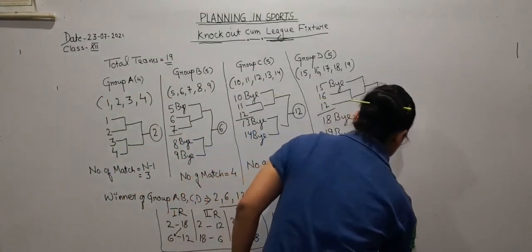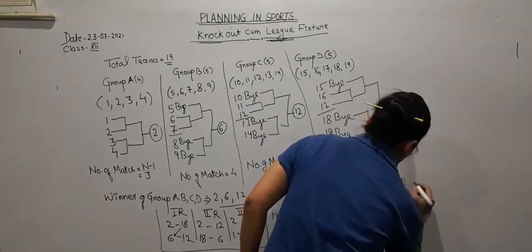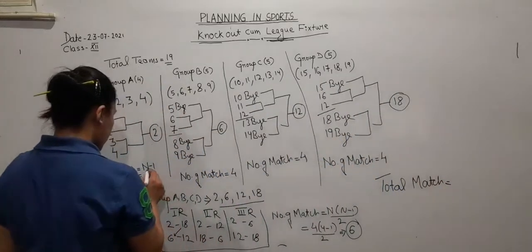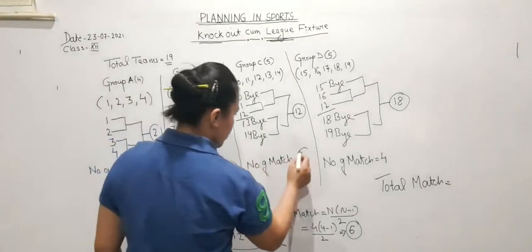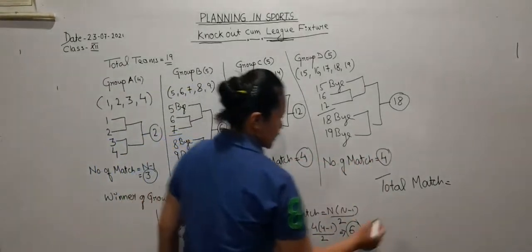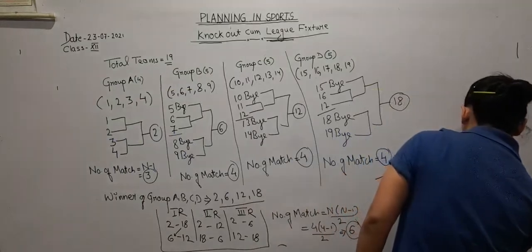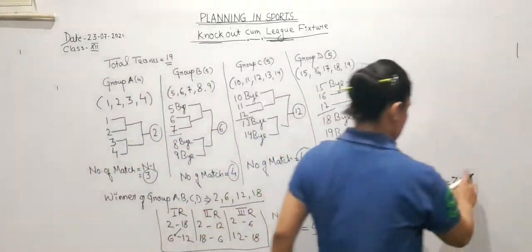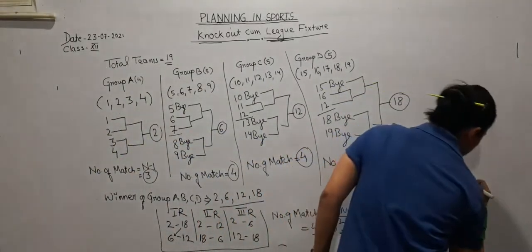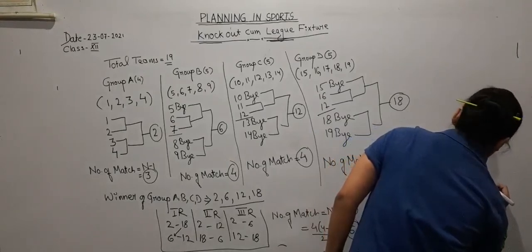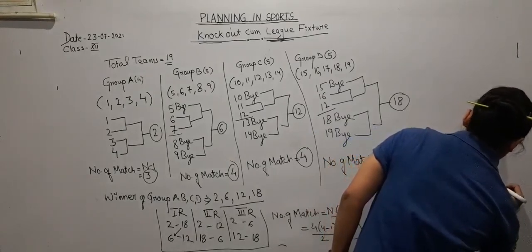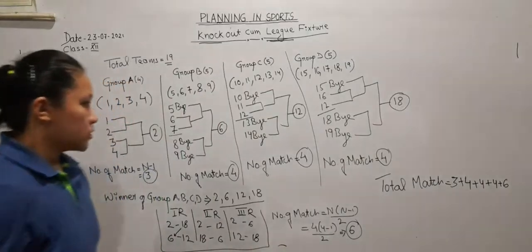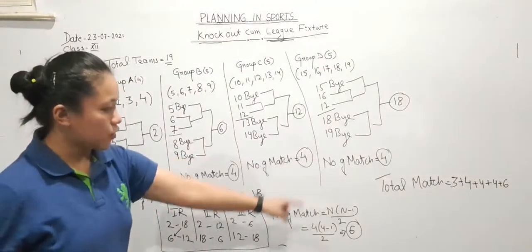Now the total matches will be 3, 4, 4, 4 and 6. That is 3 plus 3 plus 4 plus 4 plus 4 plus 6. Total matches: 3, 4, 4, 4 and 6.